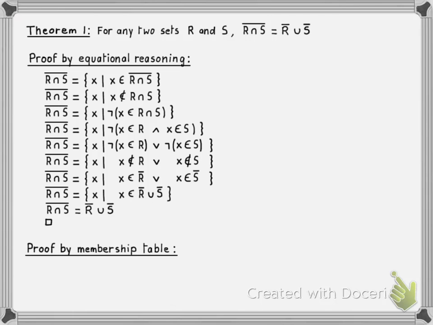So I will let you write this third proof of the same theorem at home. Shouldn't take you too long. There are only two sets involved in this equality, so that should tell you how big or how small the membership table will be. Just remember the similarity between the membership table and the truth tables.